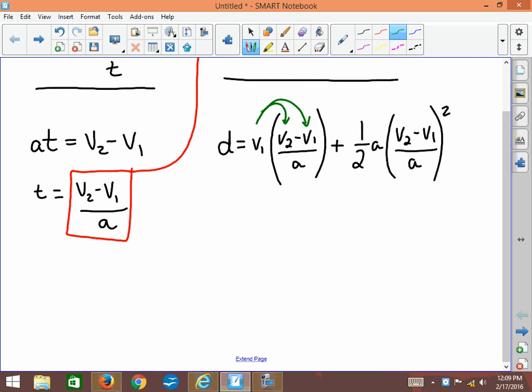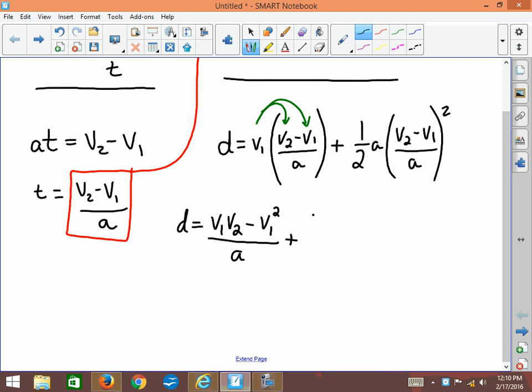That's how we distribute. So d equals V1 V2 is the first arrow, and then minus V1 times V1 is V1 squared. So I end up with that. And of course there's still an a on the bottom that I didn't touch, so I can't forget about the a that's sitting underneath. If you have questions about the math, stop me anytime.